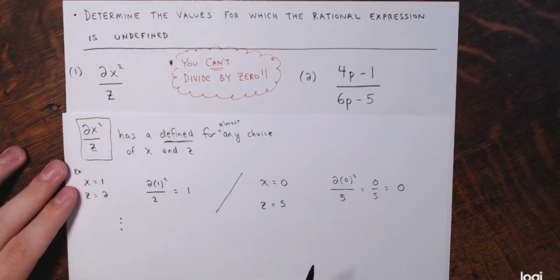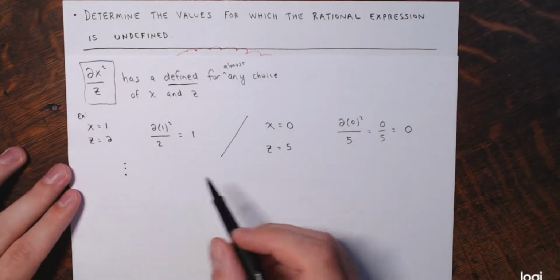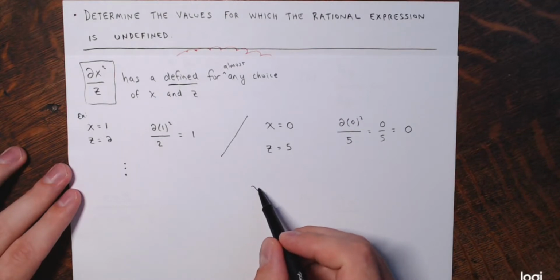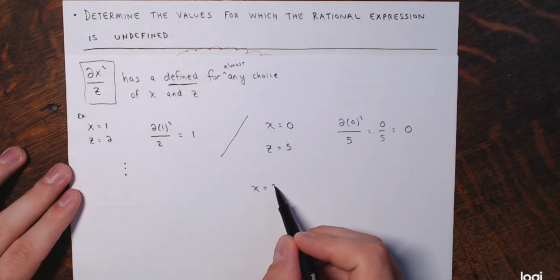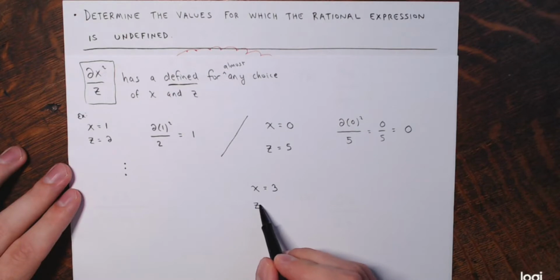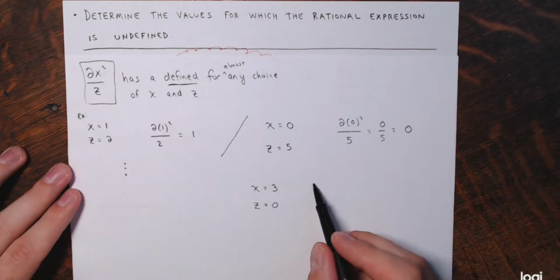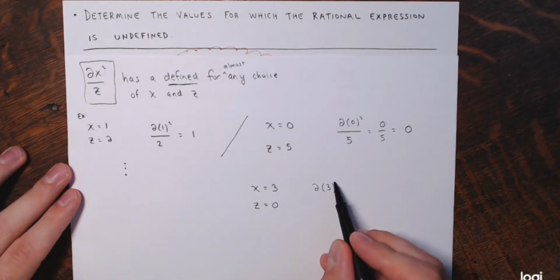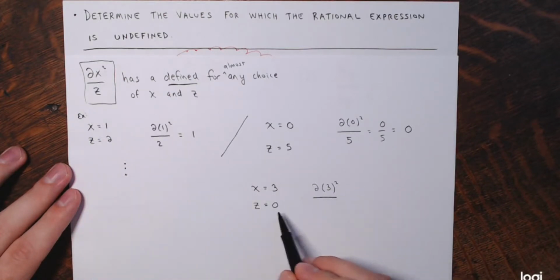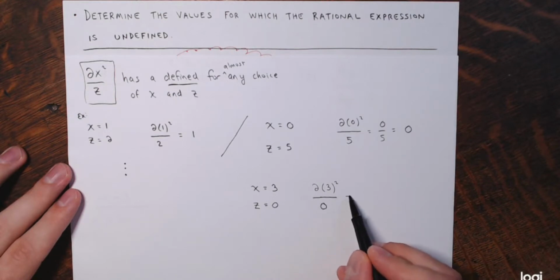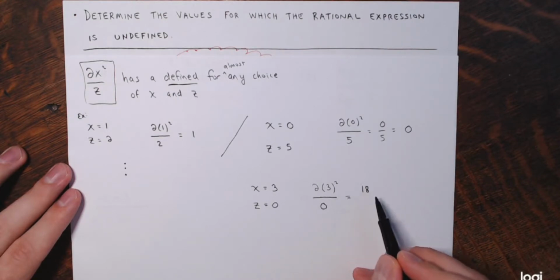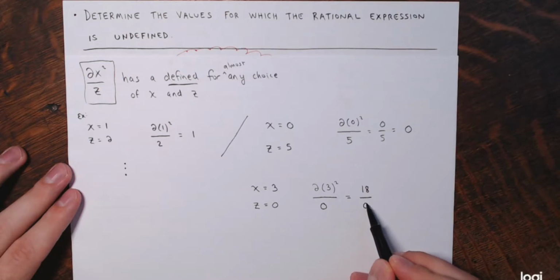So for example, here's another choice of x and z. Say I let x be 3 and z be 0. See what happens. We'd have 2 times 3 squared divided by z, and z is 0. So we'd have 18 in the numerator divided by 0. This is bad.